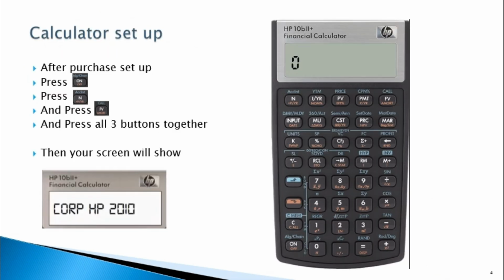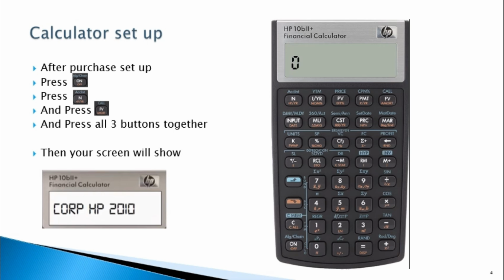Let's take a look at the HP 10B2 Plus calculator that you see on the screen now. When you purchase this calculator, the first thing you should do is press the ON button, the N button and the FV button at the same time.